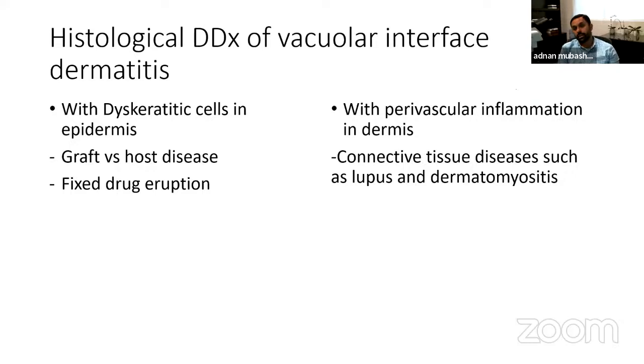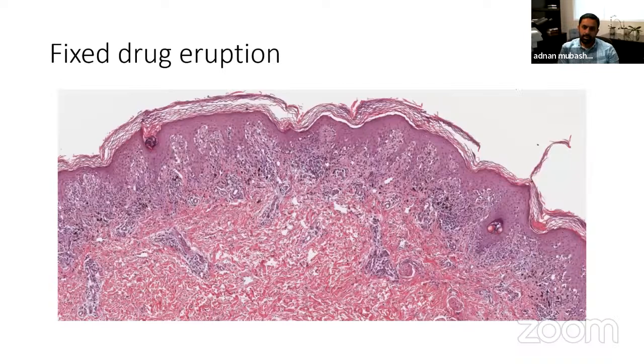And similarly, on the other end, if you see vacuolar interface change, and the patient has a history of connective tissue disorders, or doesn't have any necrotic keratinocytes, and there's inflammation in the superficial and deep dermis as well, then you favor the connective tissue disorders. Same thing, lichenoid inflammation.